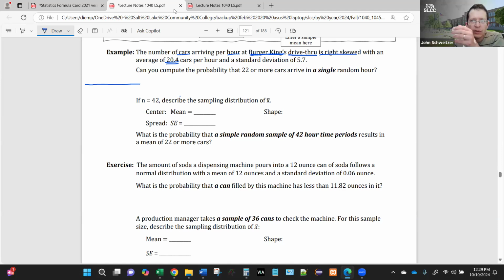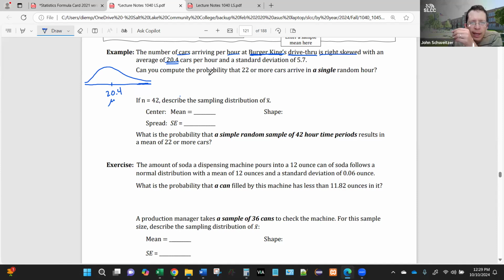But it's right skewed. If we draw the right skew, it might look something like that. The average gets pulled over a little bit from the mode. So maybe there's 20.4 cars per hour for our population mean. This is the parent population, and it is not normal.